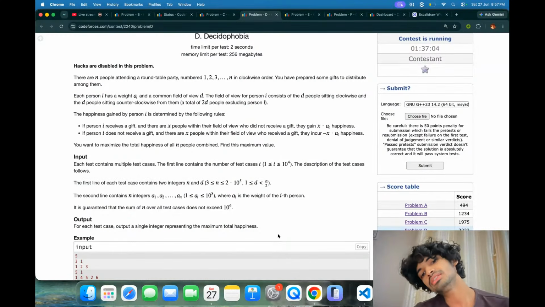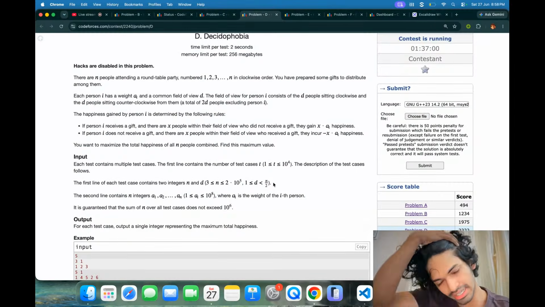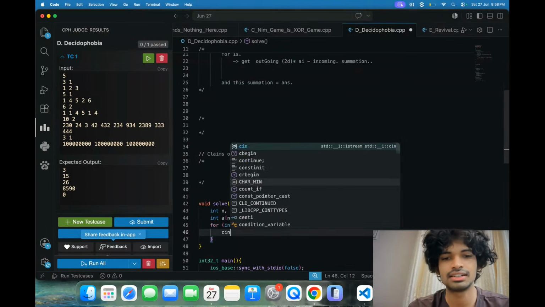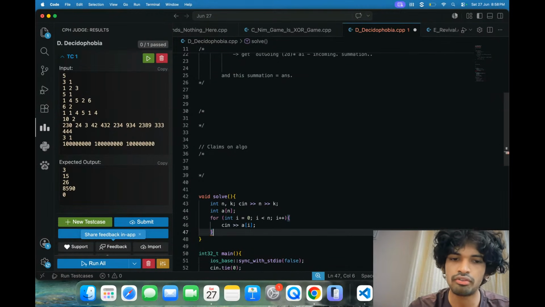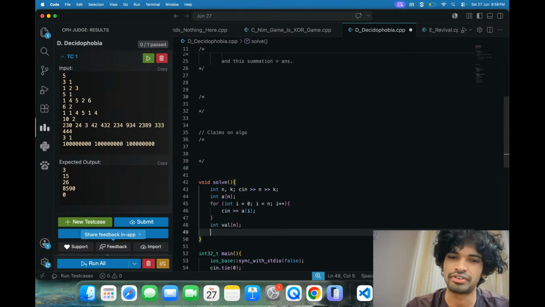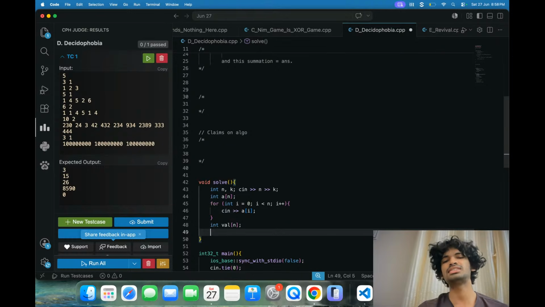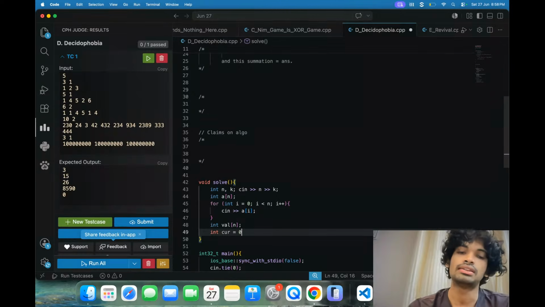Wait a minute. This will guarantee that they won't intersect the front and back. I hope it guarantees that. It looks like it guarantees that. I don't even need prefix sums, so I'll just do this. And then what will I do for int val of n? Let it just be val of n for now. I will consider the sum of the previous n things and the next n things.